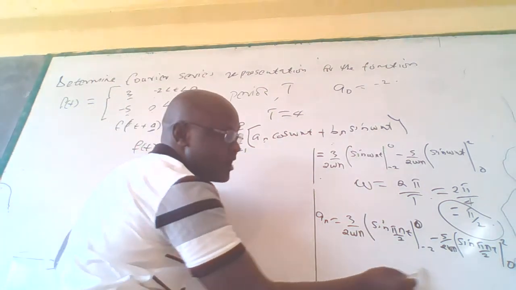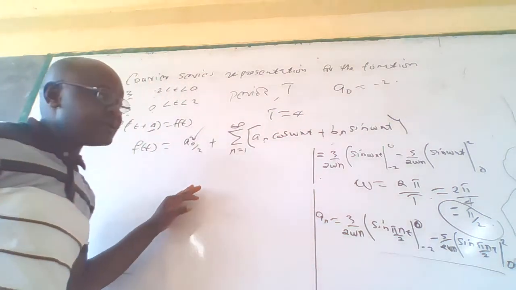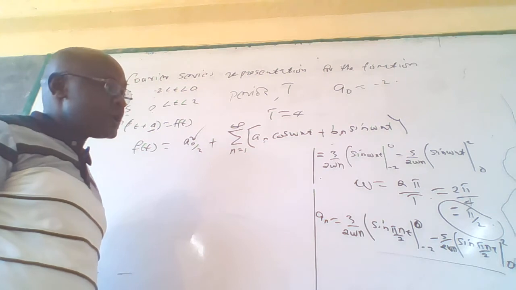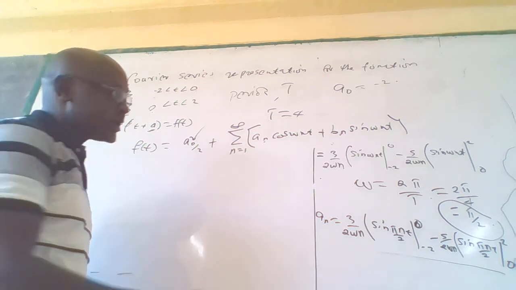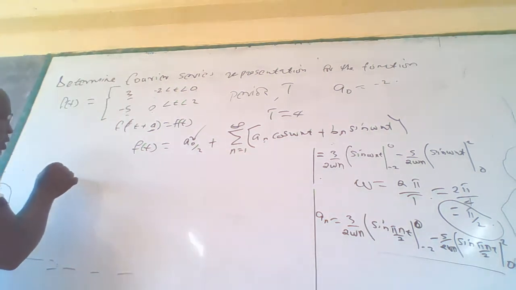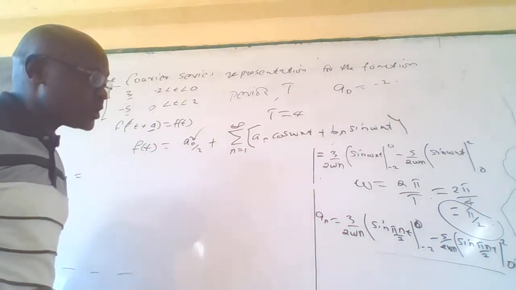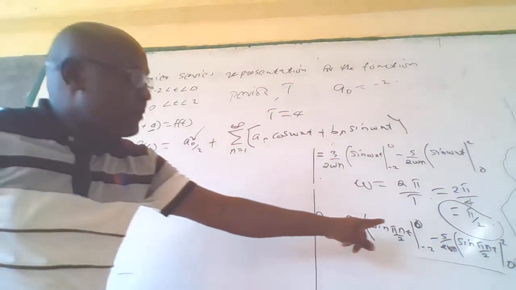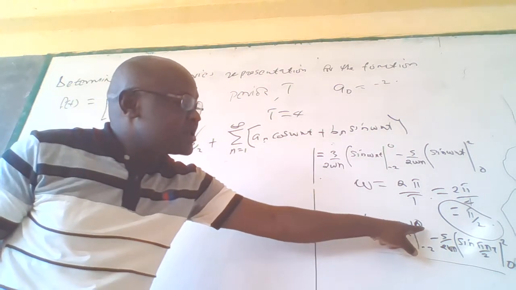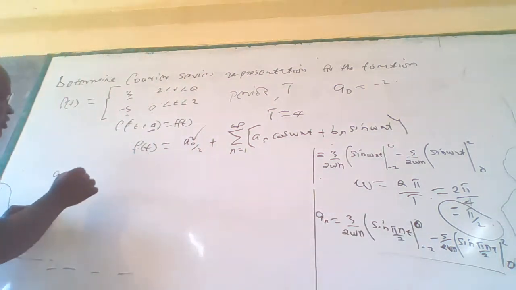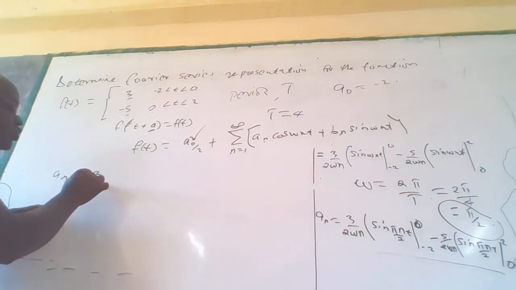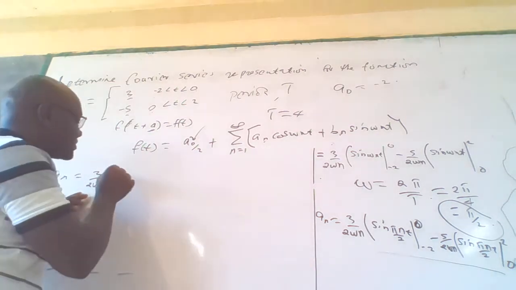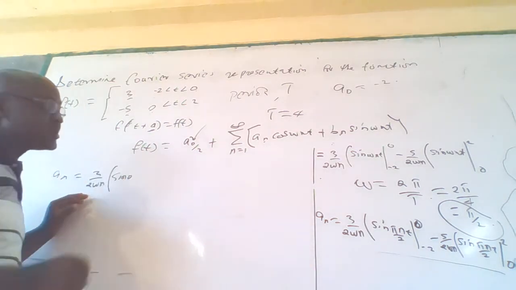Now, after we have substituted omega with pi over 2, our a_n will be equal to the following. We substitute the limits. We start with the upper limit. When there is t, we substitute 0. So we shall have 3 over 2 omega n into sine 0.